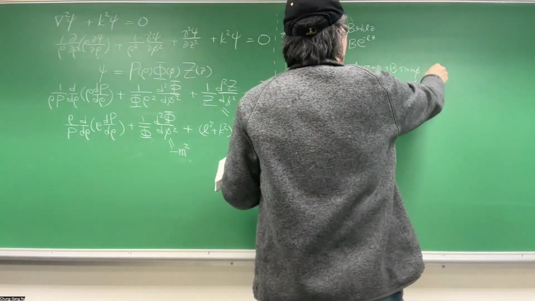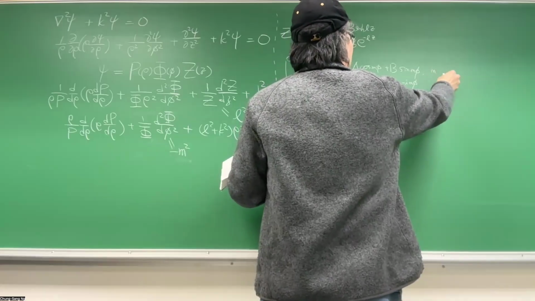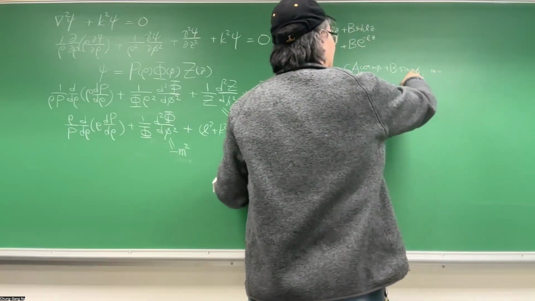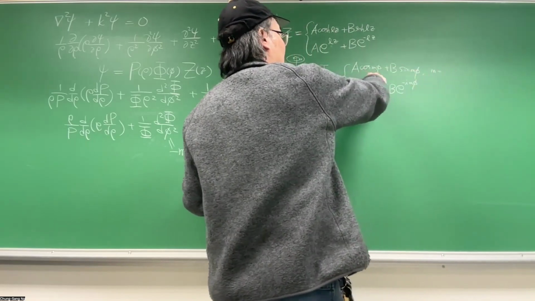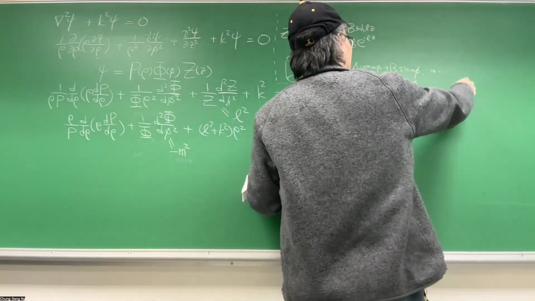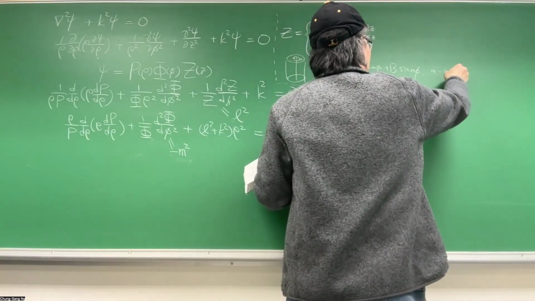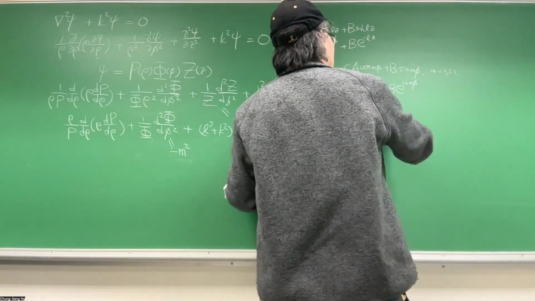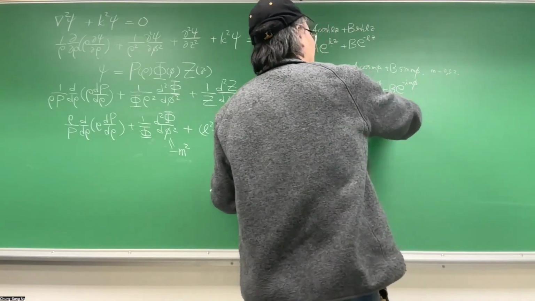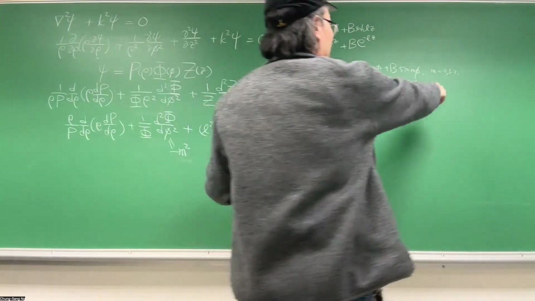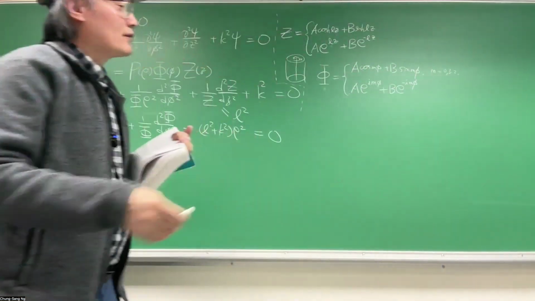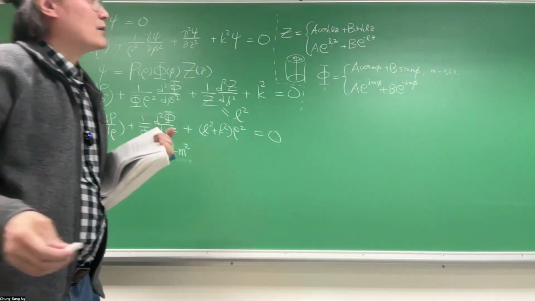For the first one, m will be an integer, positive, or maybe 0. If you have 0, obviously this term will be 0, but this term will be just a constant, which is also acceptable. So it can be 0, 1, 2. And likewise, the second one is also fine. You can use m as 0, 1, 2, just like what we did with Fourier series.